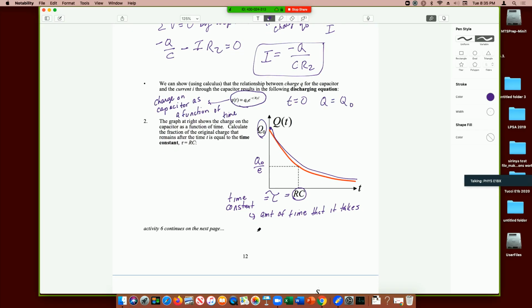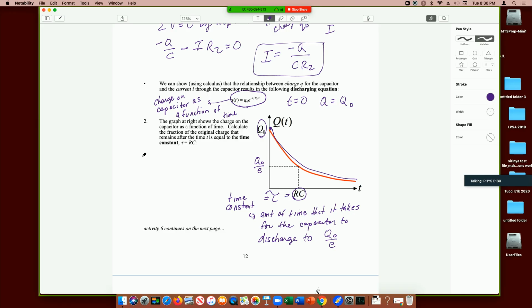So it's the amount of time that it takes for the capacitor to discharge to this value. Okay, it's just a definition.